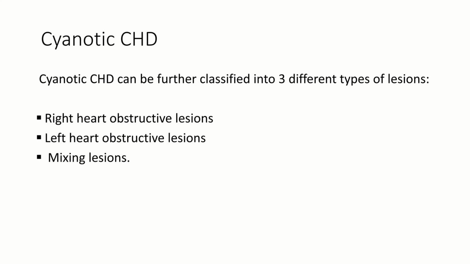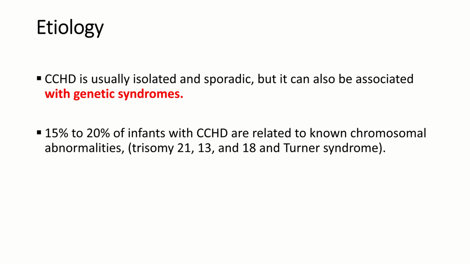Cyanotic heart disease could be classified by many classifications, but I find this classification very useful in clinical practice. We can classify them into 3 different types: the right heart obstructive lesions, left heart obstructive lesions, and mixing lesions.